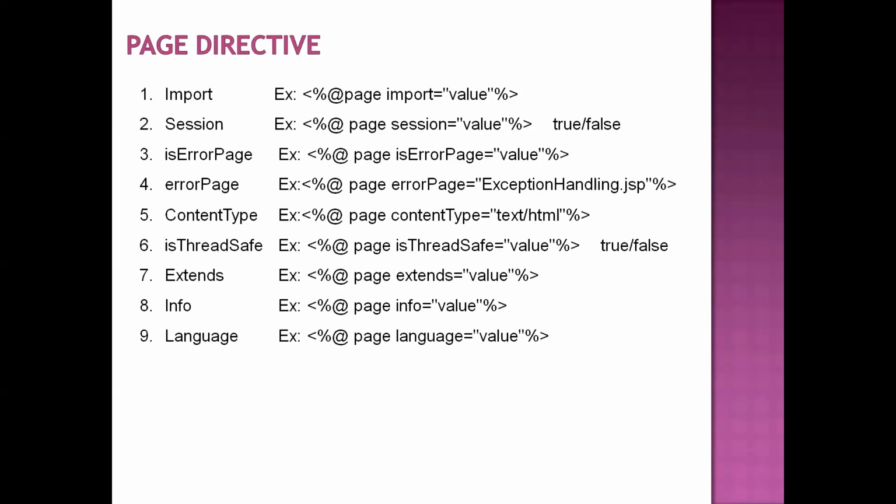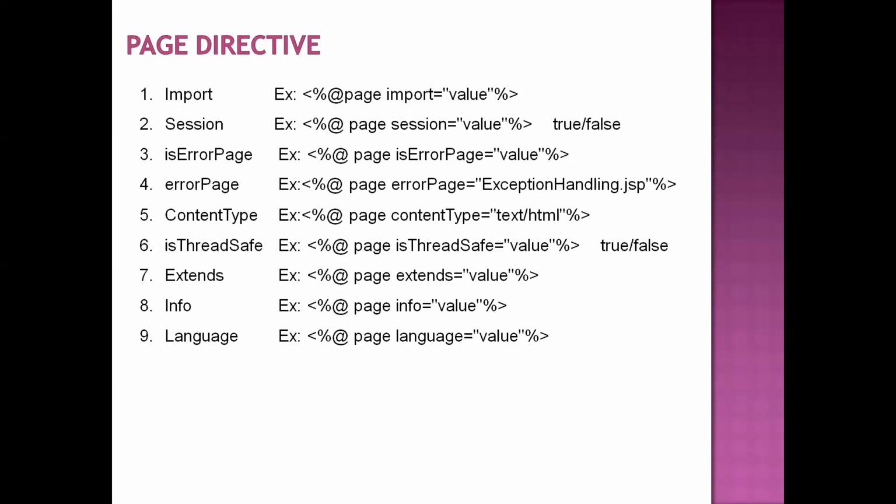Now see the language attribute. This language attribute indicates what language you are using in your JSP page for writing scriptlets. Most servers use only the Java language for writing scriptlets. Previously, JavaScript was also used for writing scriptlets.